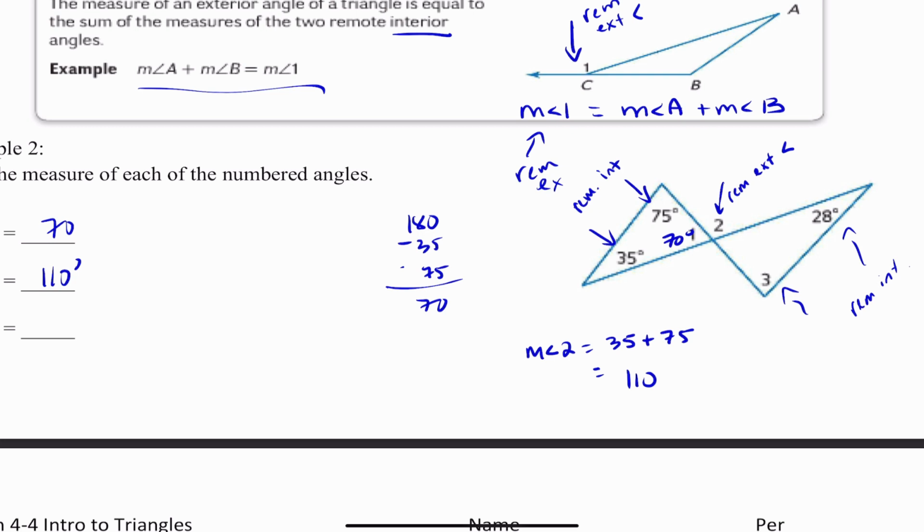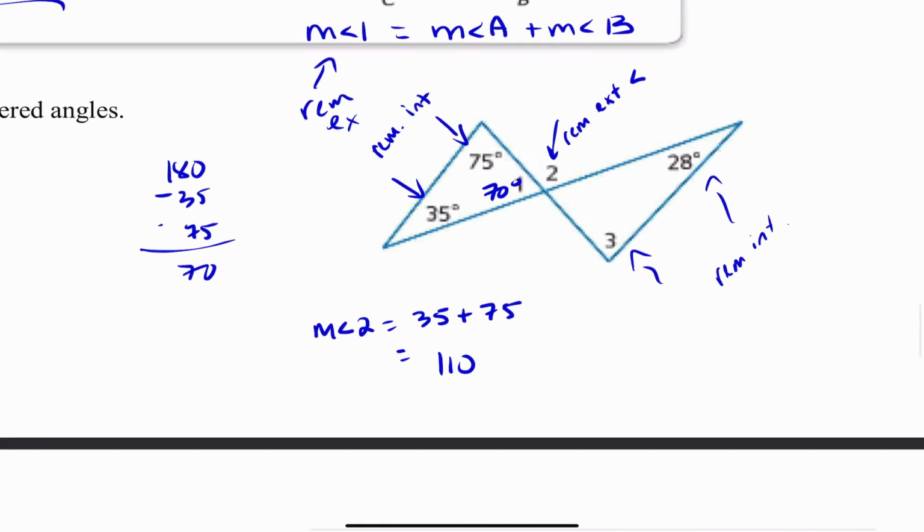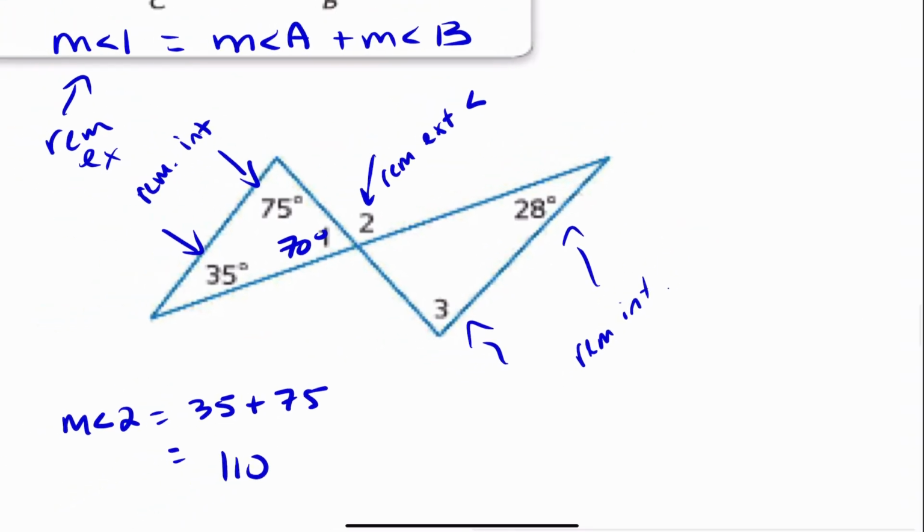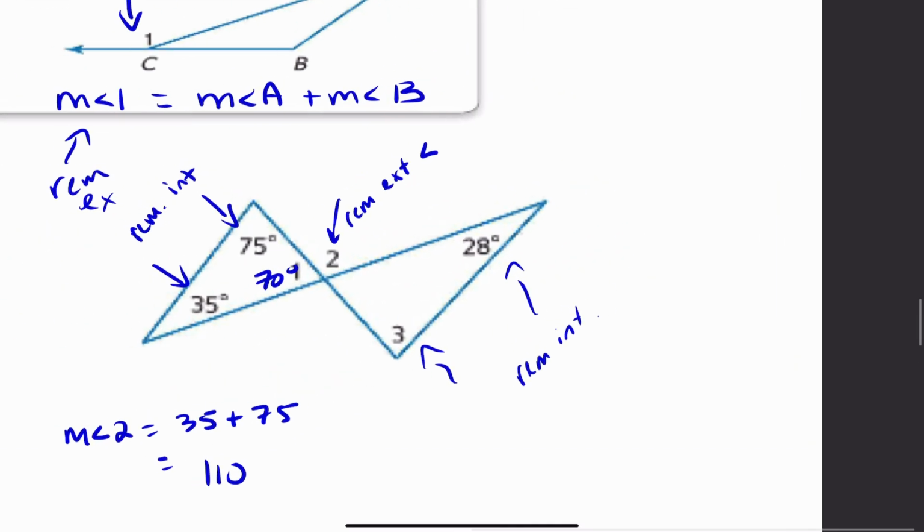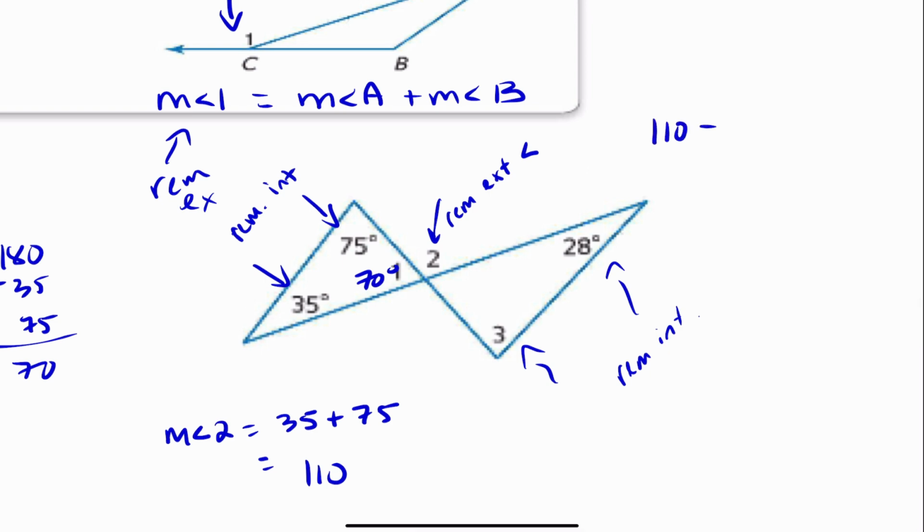Notice that to figure out what angle 3 is, you already know what the remote exterior angle is. You already know that the remote exterior angle is 110 and is equal to the remote interior angles.